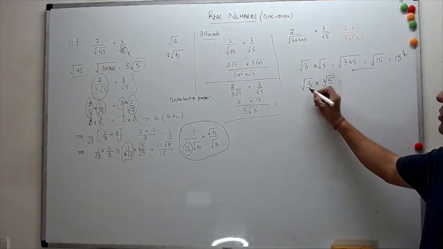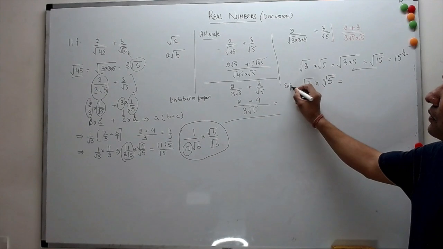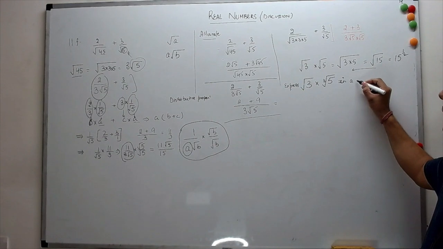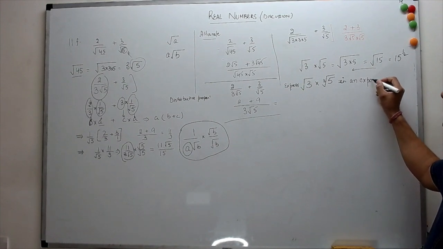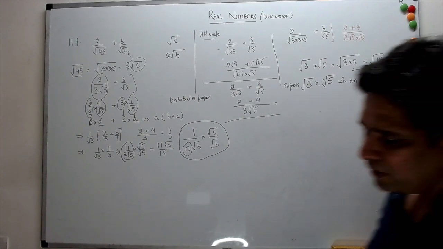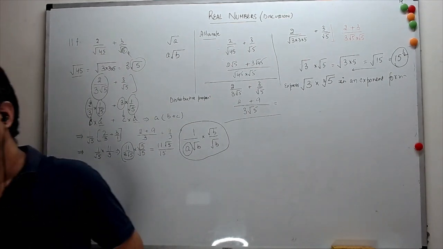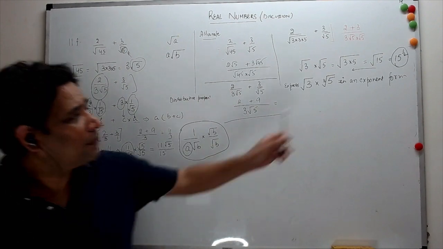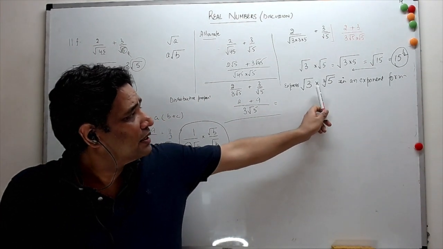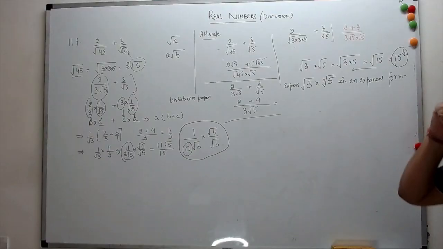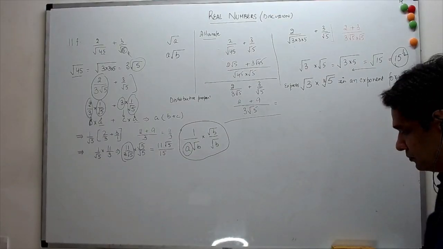So the question is to express this in an exponent form, which is something like this: a raised to the power p. Got it. आपकी क्वेश्चन सही है ना? It is square root of 3 times third root of 5. Yes, I got it. Yeah, I think so. I know how to do it.